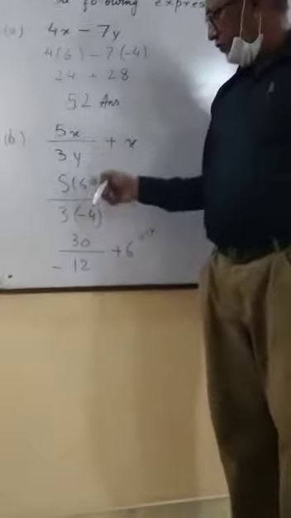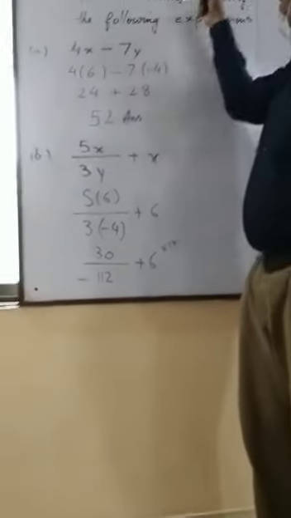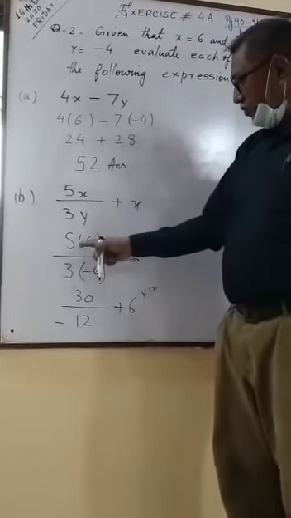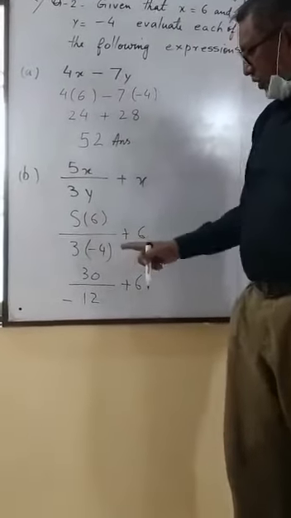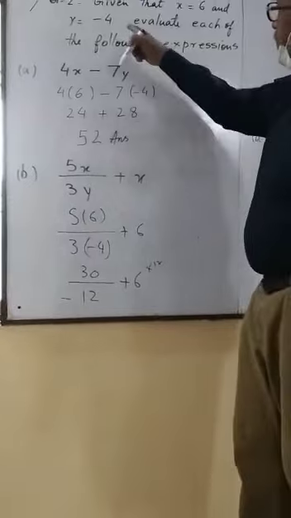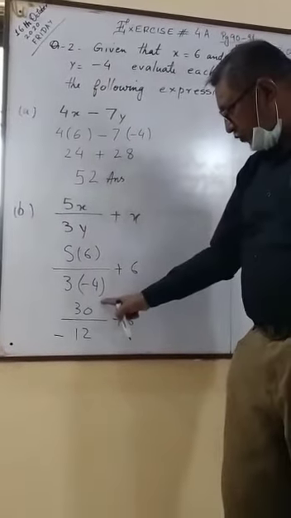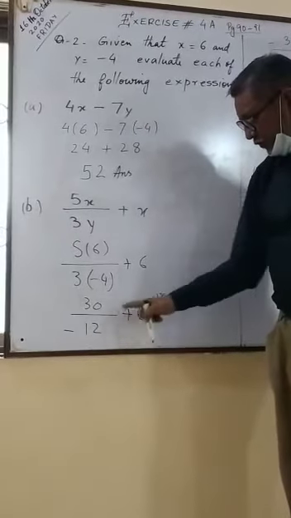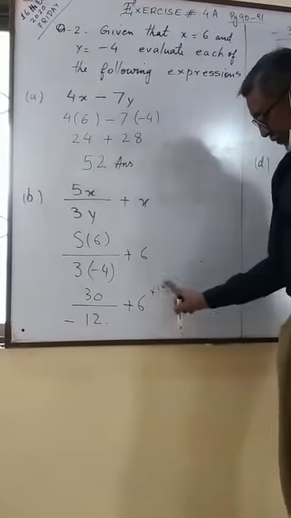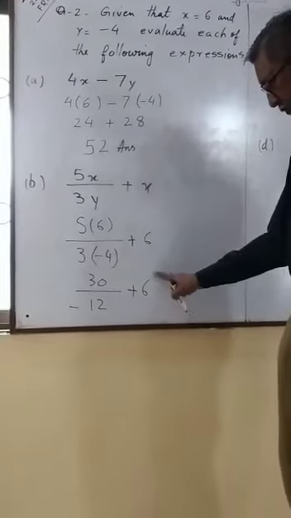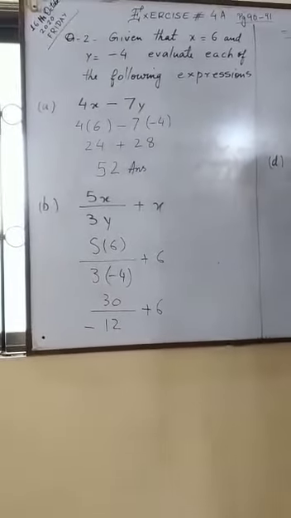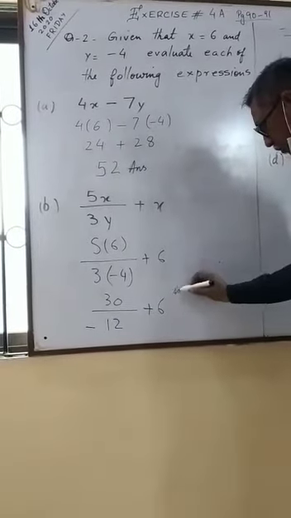We have to write 6 at the place of x. So it is 6 written over here. And at the place of y, we have to write minus 4. So minus 4 is written over here. Now we will have 30 upon 12. And this is plus 6. So when we will take LCM, this will be multiplied by 12.